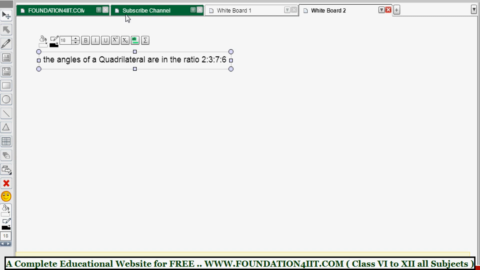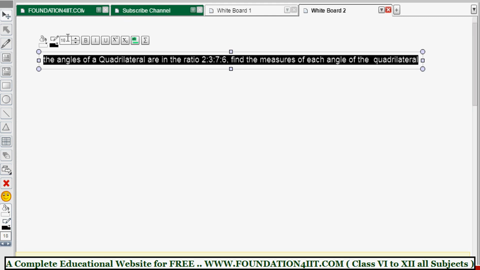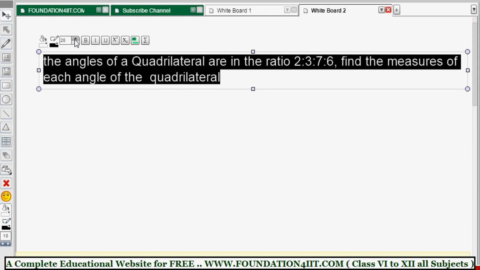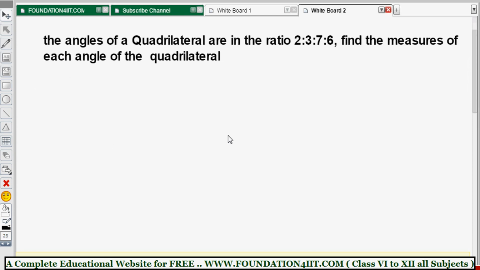Four angles are in the ratio 2:3:7:6, right? Then find the measures of each angle of the quadrilateral.